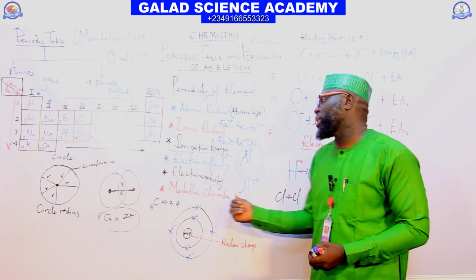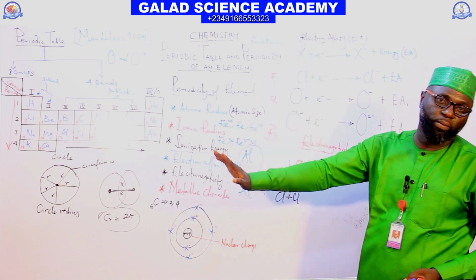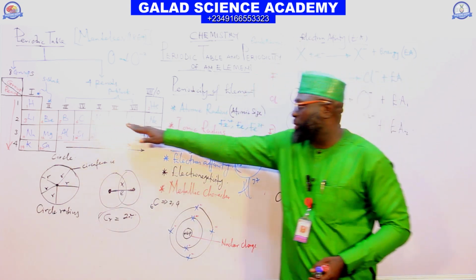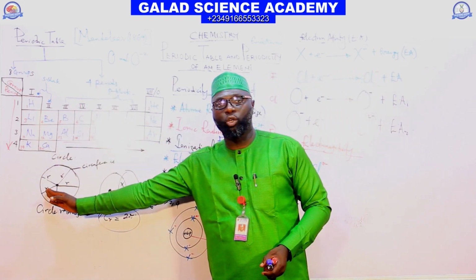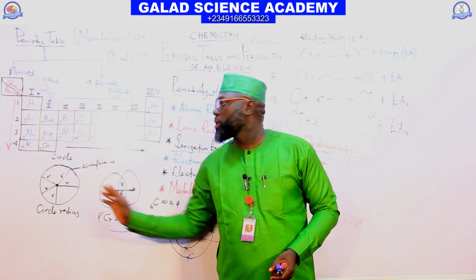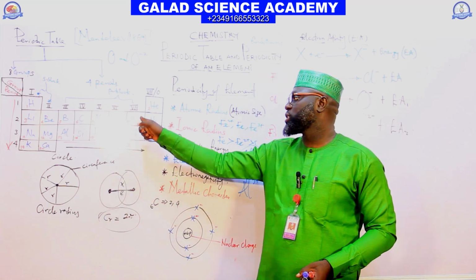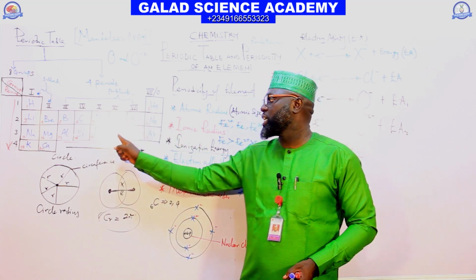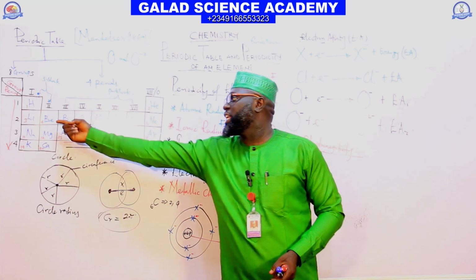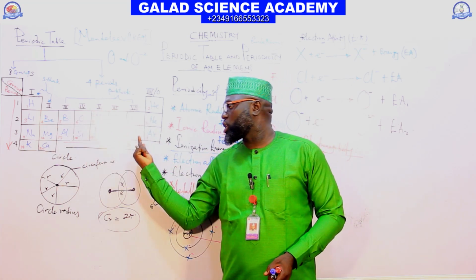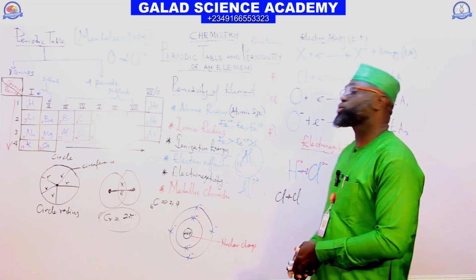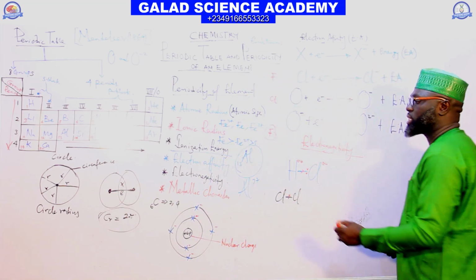Its variation is that it increases across the period but decreases down the group. So in this group, fluorine is the most electronegative. In this period, fluorine is also the most electronegative here, and in period 3 it is chlorine. And the last one now is metallic character.